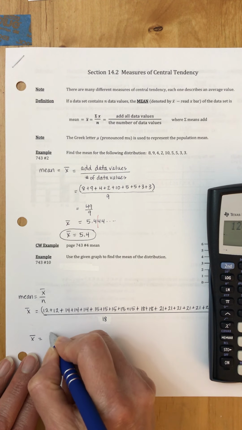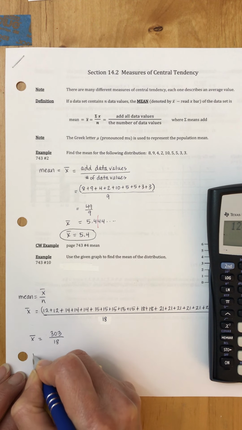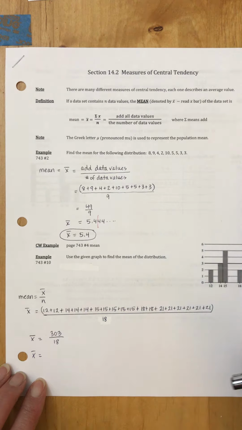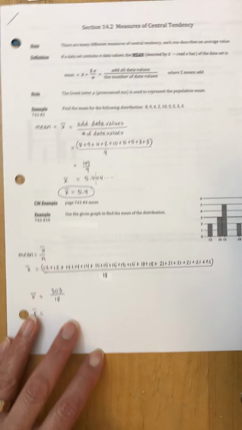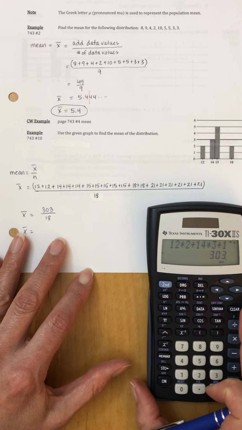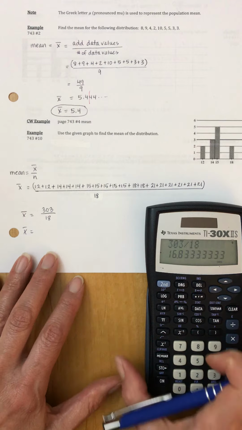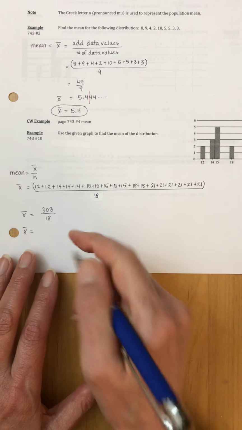So that gives us 303 all over 18. Okay, so what do we end up with there? We've got to do the division. 303 divided by 18 gives us 16.833333.